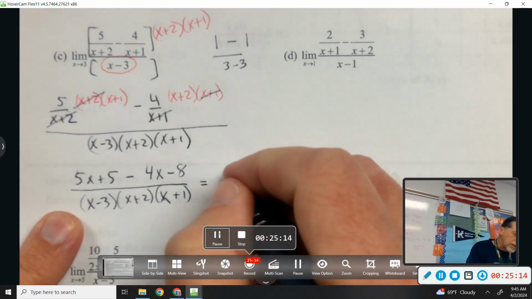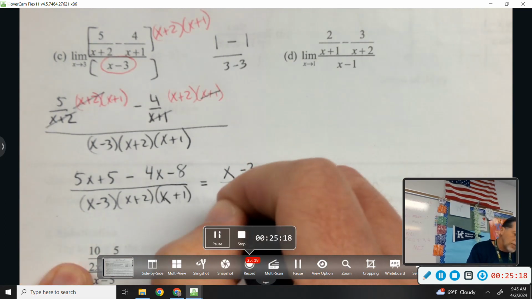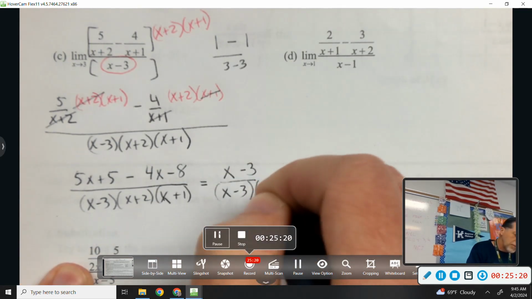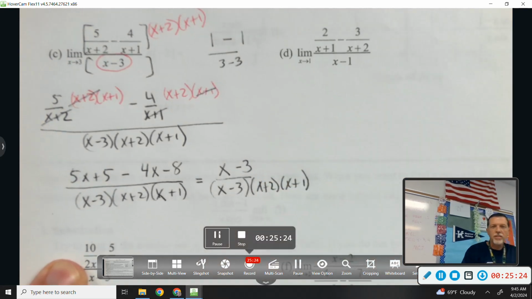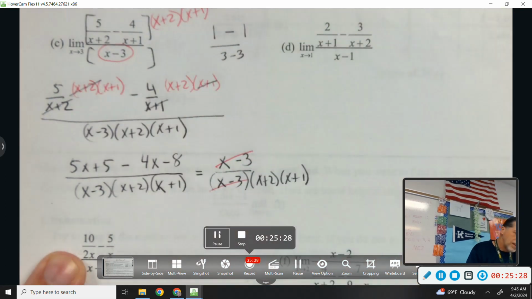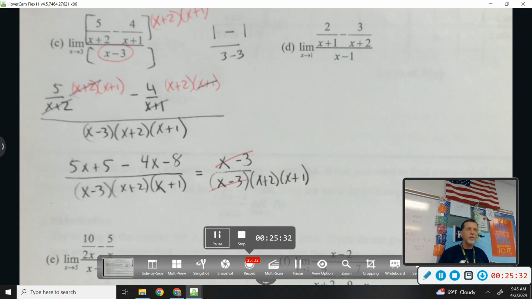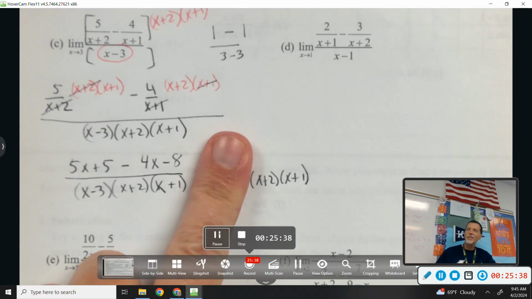5x minus 4x is x. 5 minus 8 is negative 3. And sure enough, adios to x minus 3. One of my favorite algebra mistakes is to cancel that and then not really pay attention and forget that you have a numerator, right?